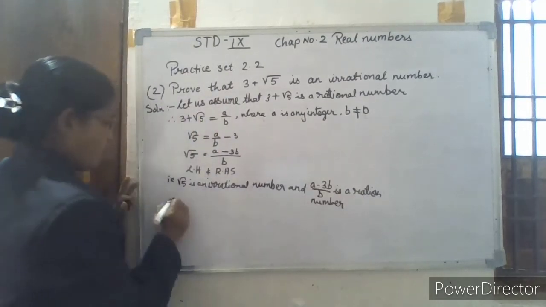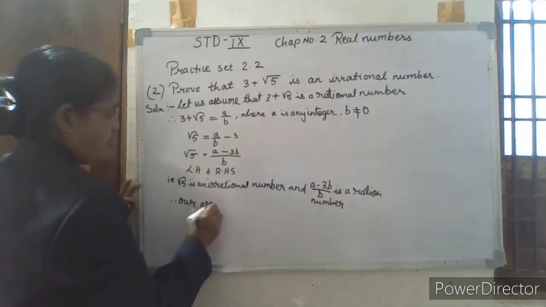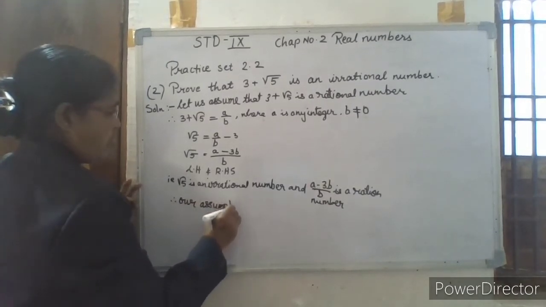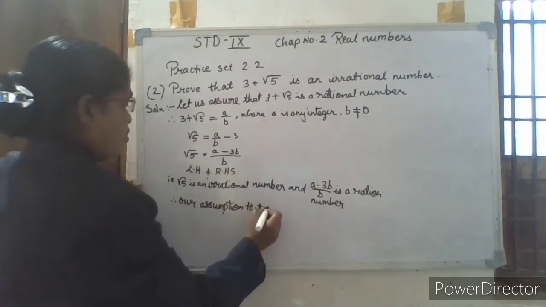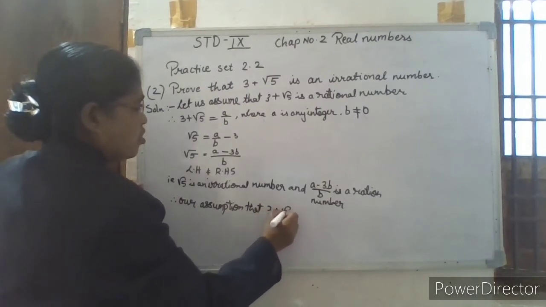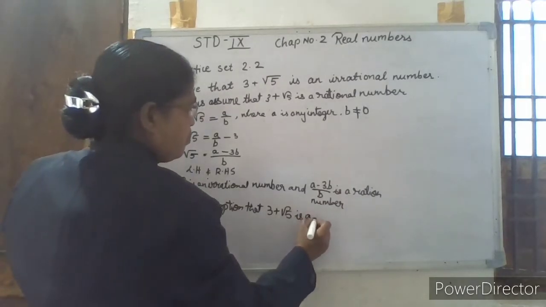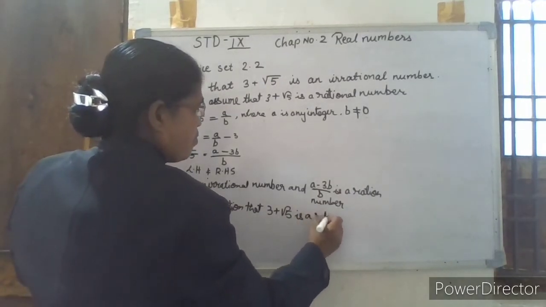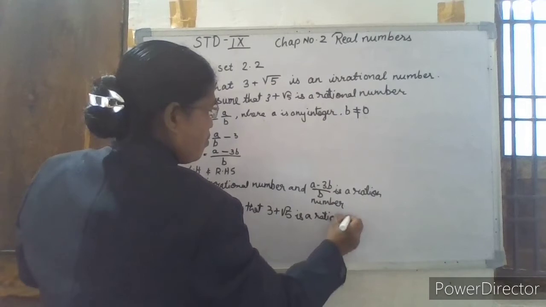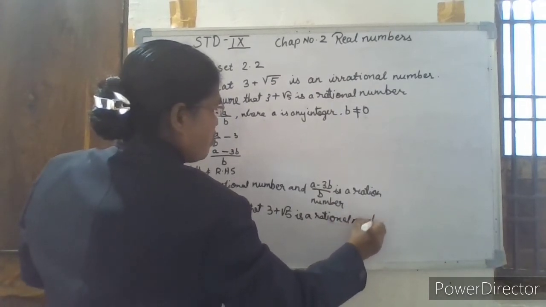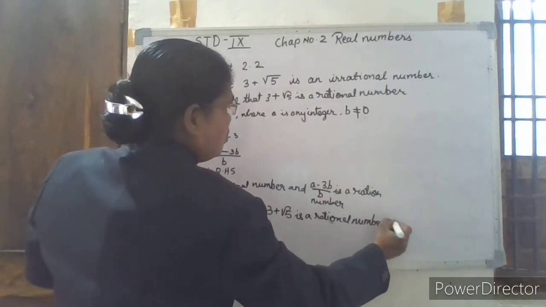Therefore, my assumption that 3 plus root of 5 is a rational number is wrong.